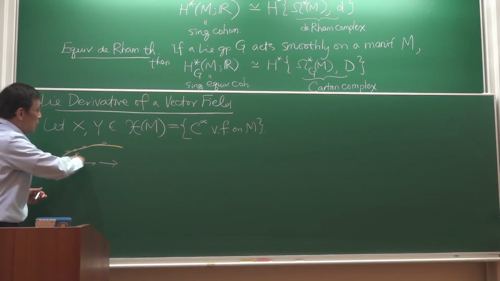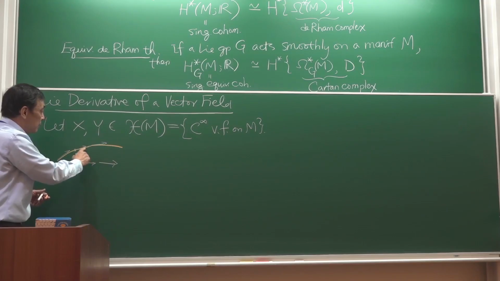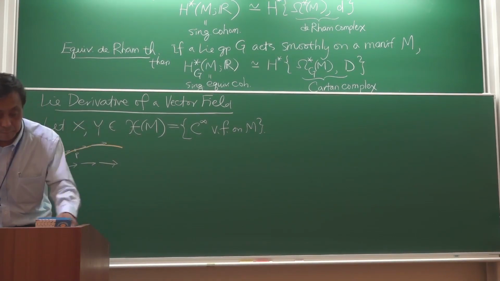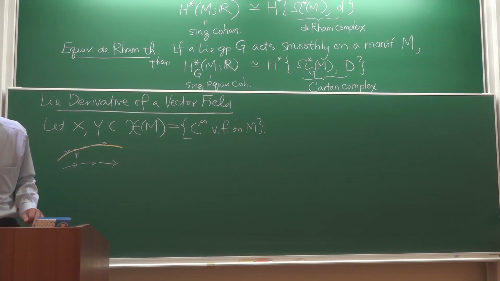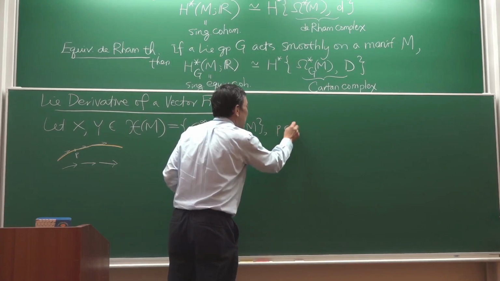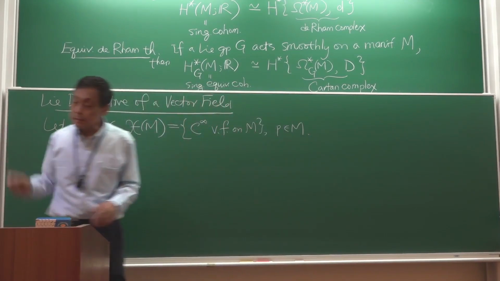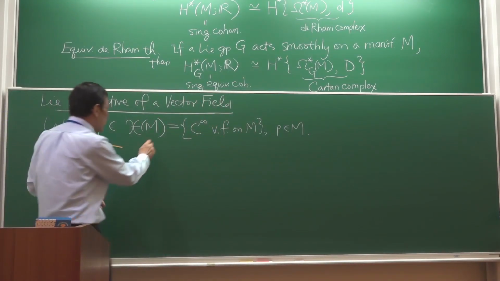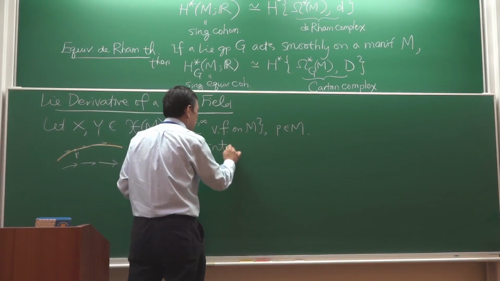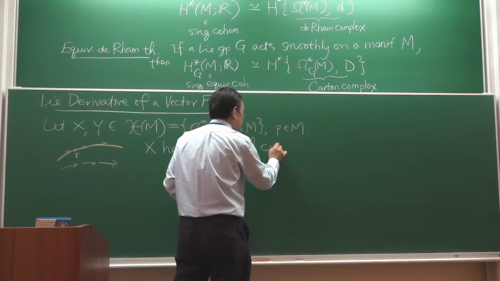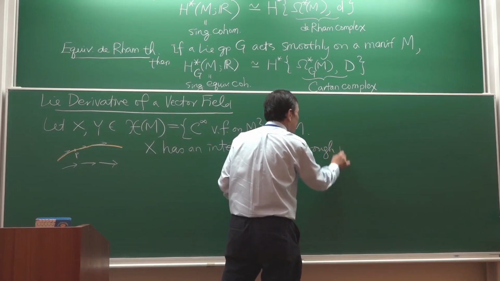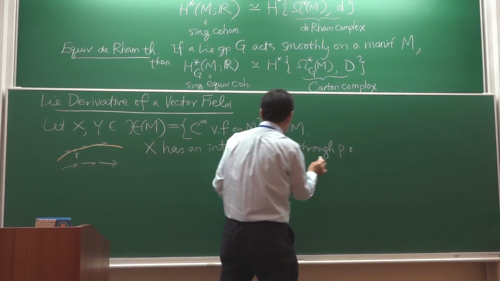The integral curve is a curve whose derivative is the vector field. Okay? So we have a point P in M. And then X has an integral curve through P. Okay.